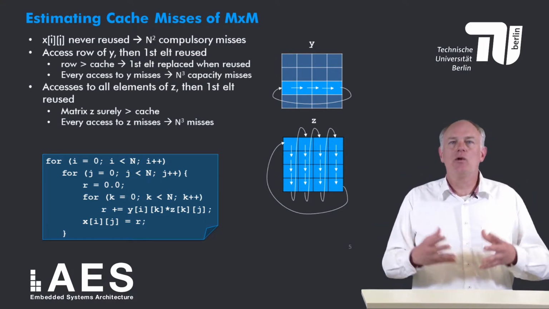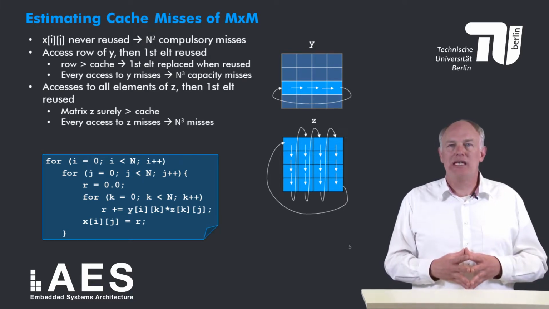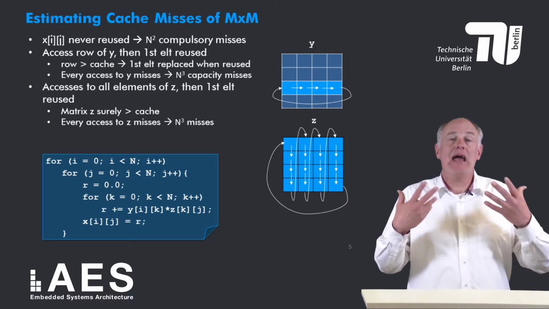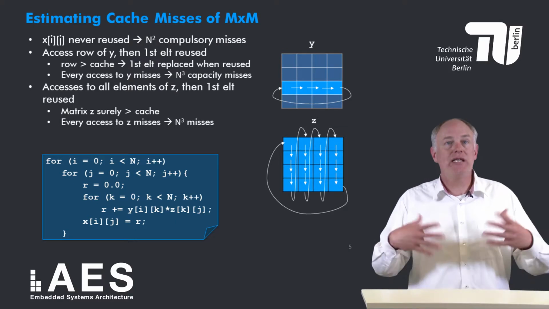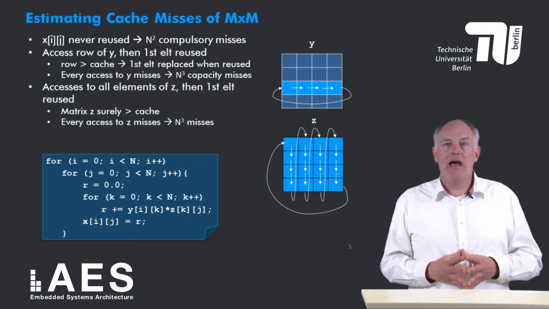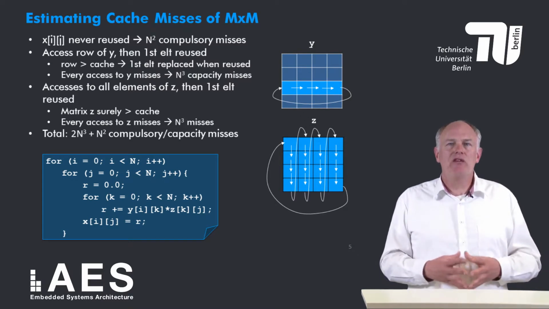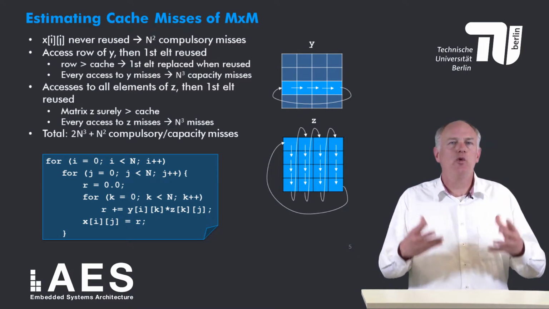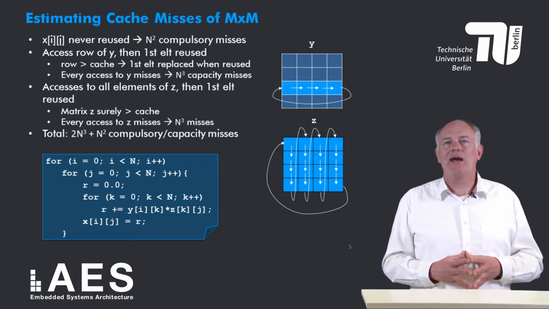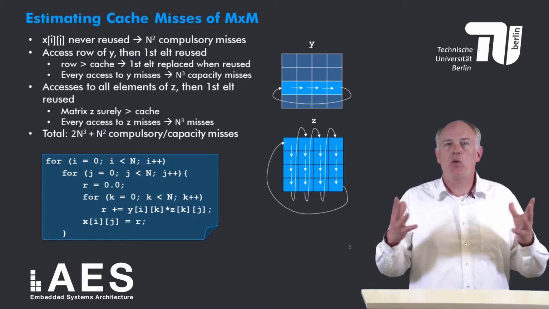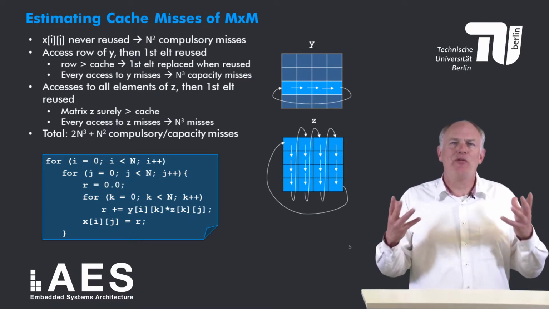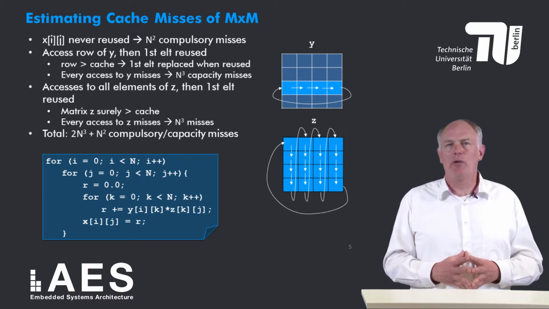So we again conclude that every access to Z misses, and since there are n cube accesses to Z, this corresponds to n cube misses. So in total, unblocked matrix multiplication will incur 2n cube plus n square cache misses. This is quite disastrous since it performs about the same number of floating point operations.